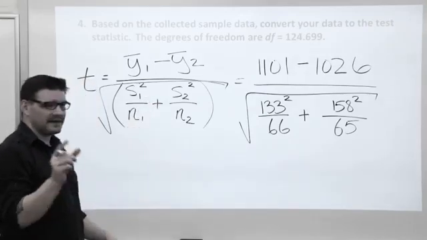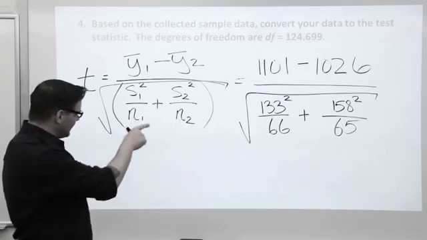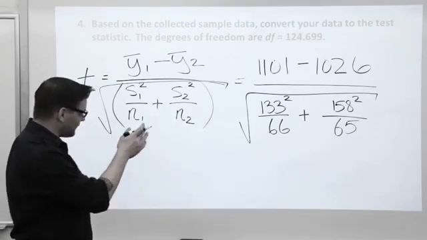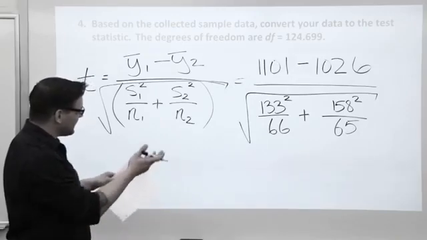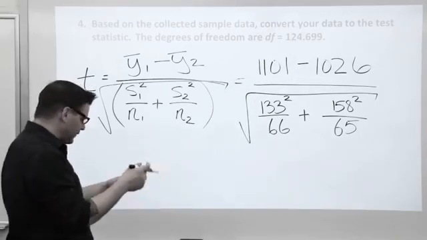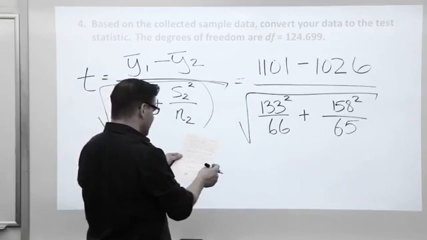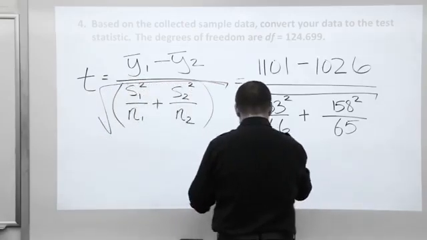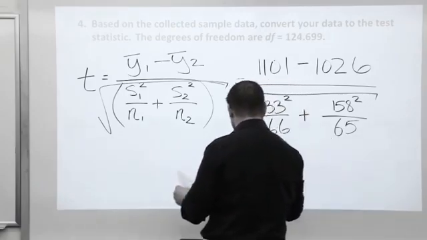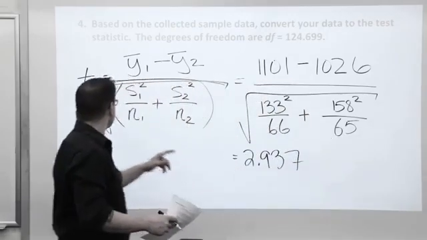Make sure that you get the difference on top divided by the square root of this mess here. Okay, pause the video, see what you get. I'll tell you what you should get. If you do this, looks like about 2.937. That's the test statistic. That's a T.